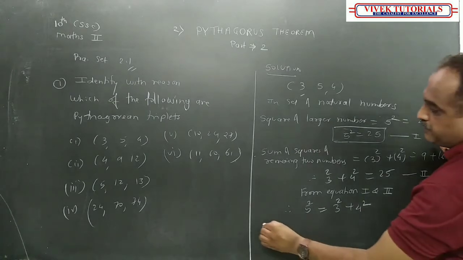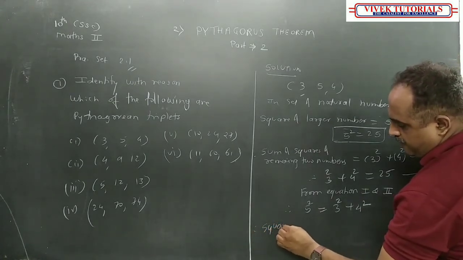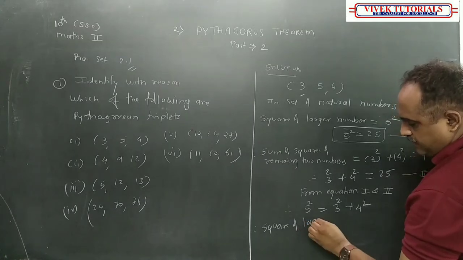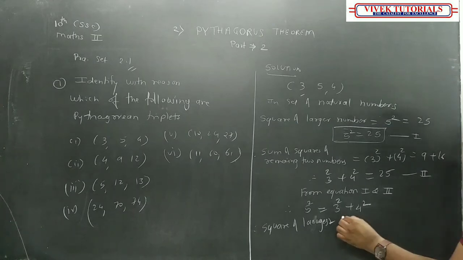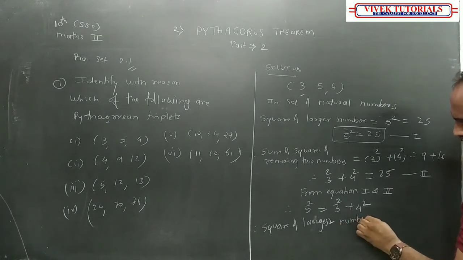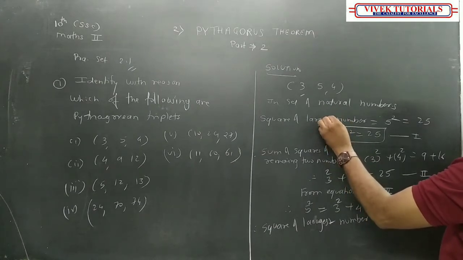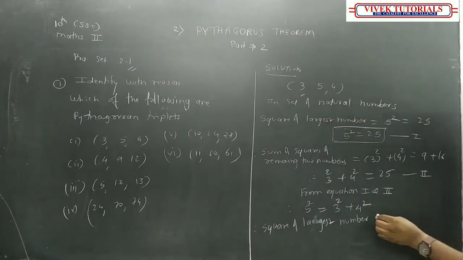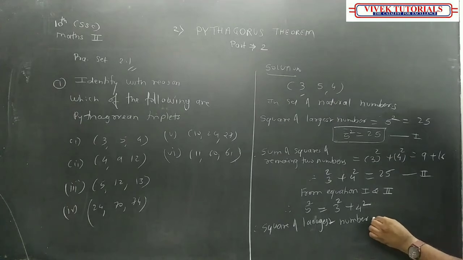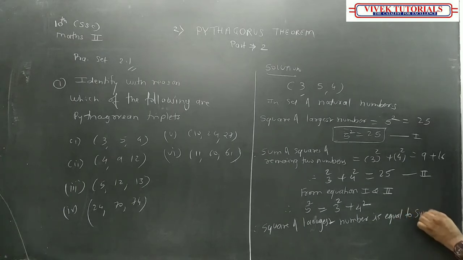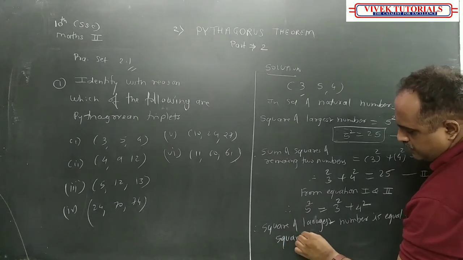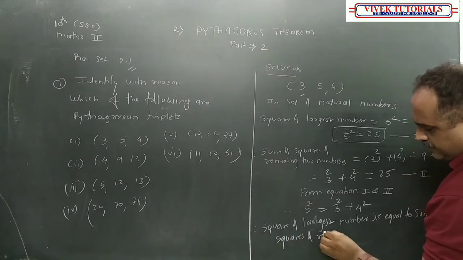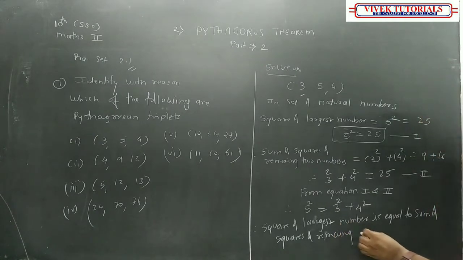That indicates square of largest number is equal to sum of squares of remaining two numbers.